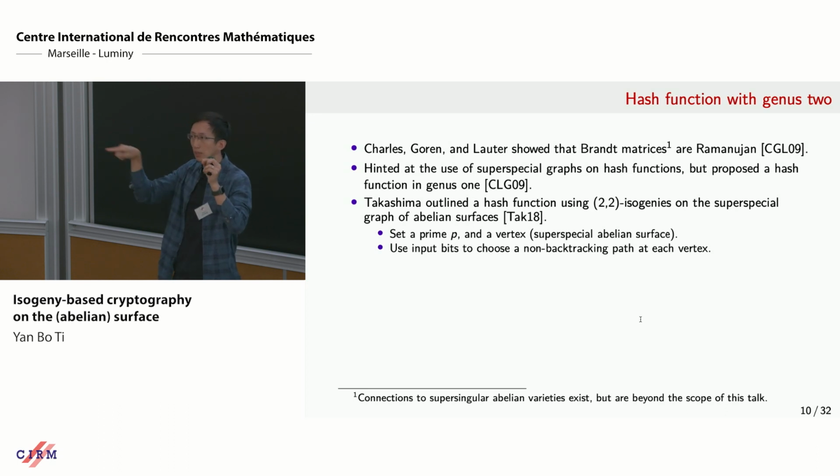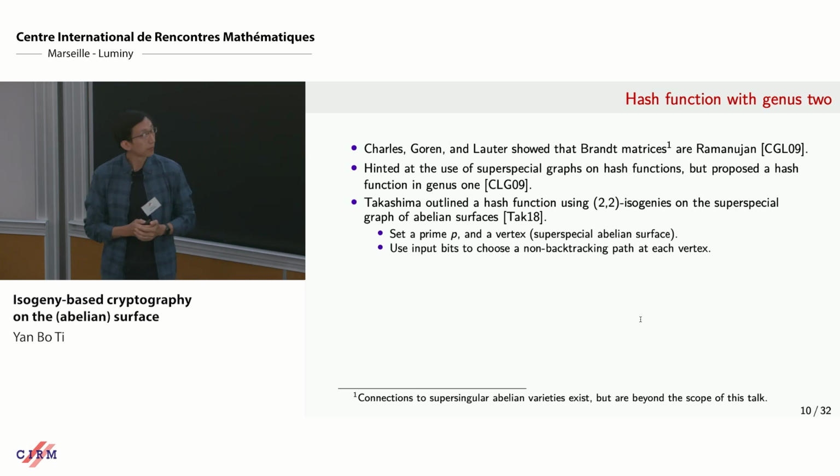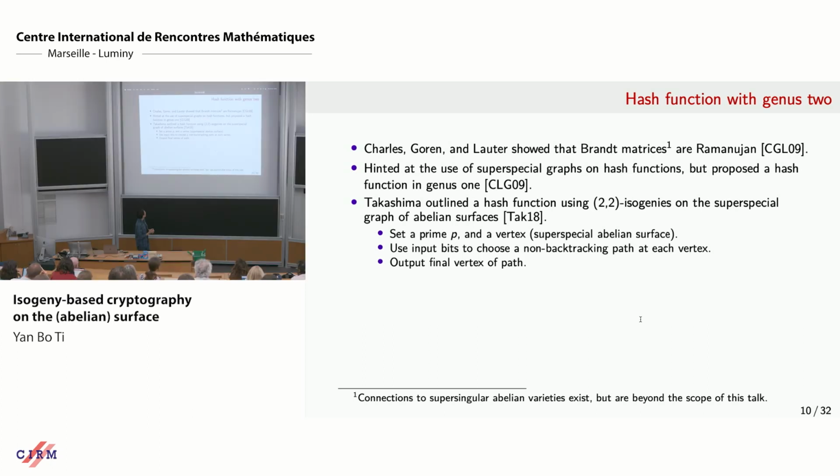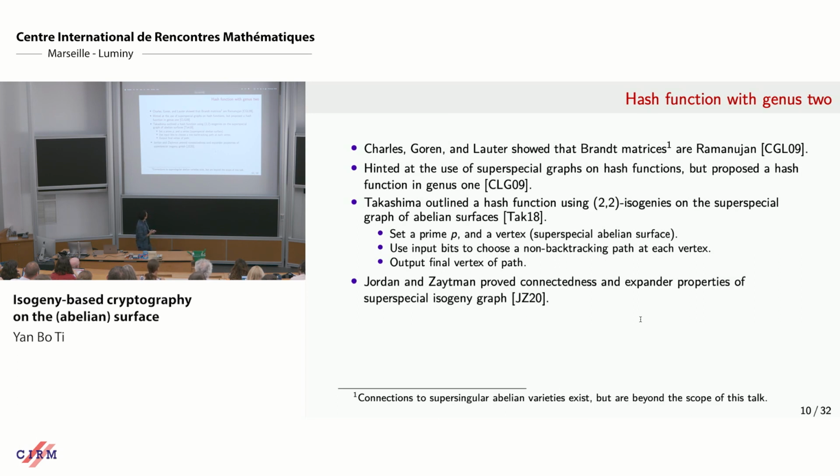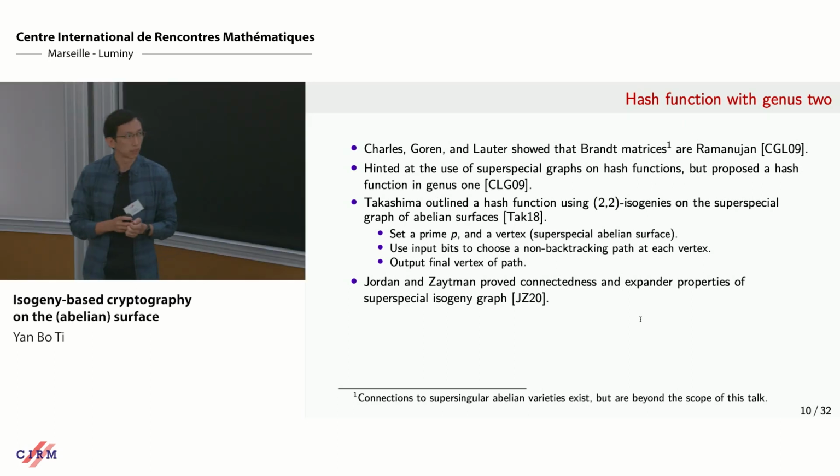Otherwise, it's very easy to find collisions, right? You just keep going in cycles. You output the final vertex, and this is it. So this is a hash function. It's super simple. Jordan and Zaytman actually showed that this graph is connected and has expander properties in 2020. I think they presented it at ANTS or something.